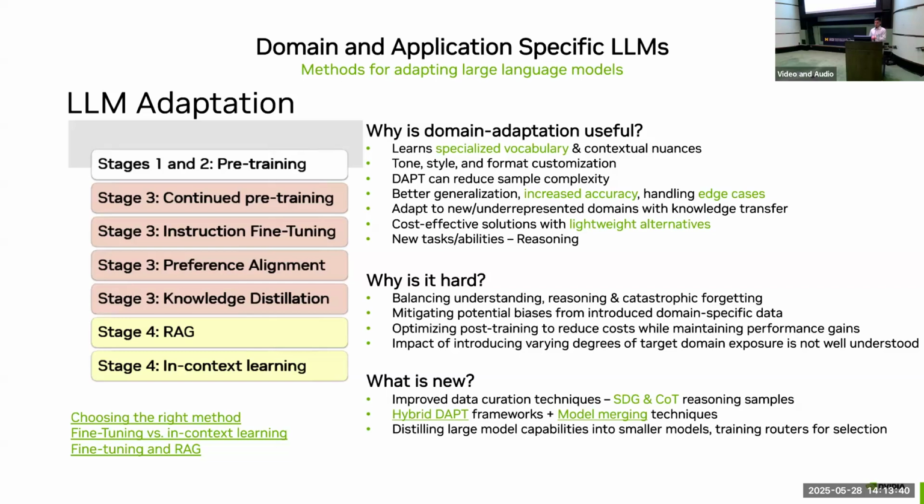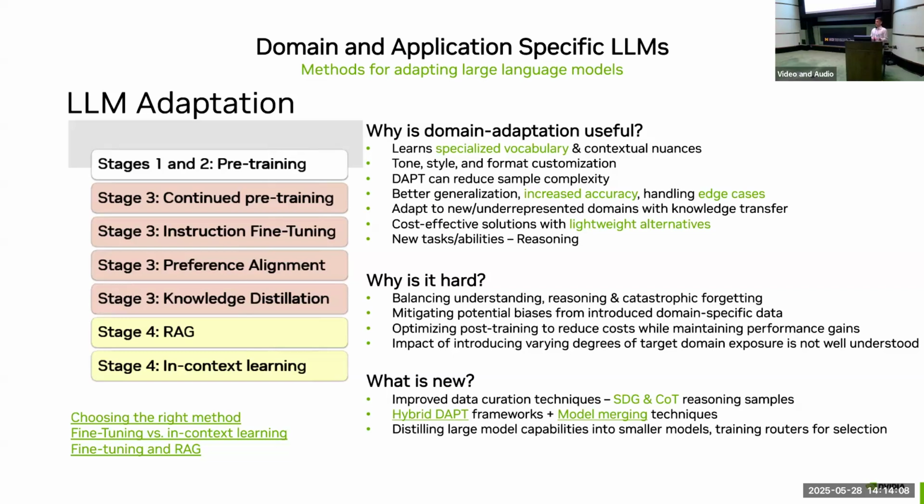And so domain adapted pre-training can lead to adaptations to different tones and styles and formats of our new data. It can be really useful for better generalization to our new domains with increased accuracy in handling edge cases. And we can also add in various levels of complexity here by adding in the reasoning phase, which we talked about.